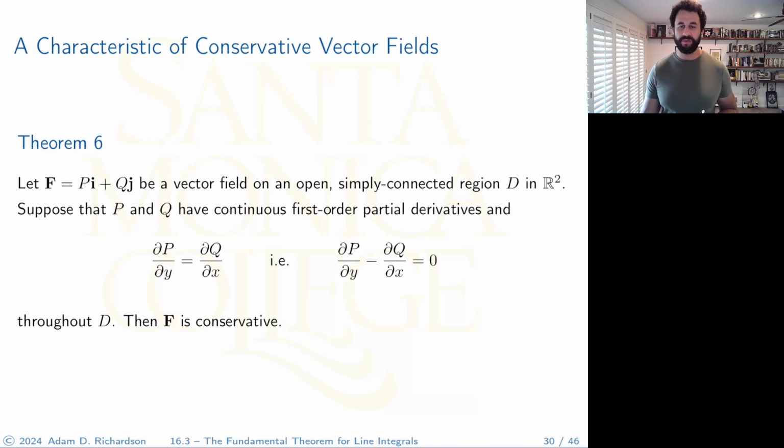We just need our region to be like a simply connected blob. And we need the first order partial derivatives of these component functions to be continuous. And then we need this difference to be 0. And if those things are all true, we're guaranteed that our vector field is conservative. This is great because this gives us a pretty simple way of verifying whether or not a vector field is conservative. So if all these are true, you've got a conservative vector field.